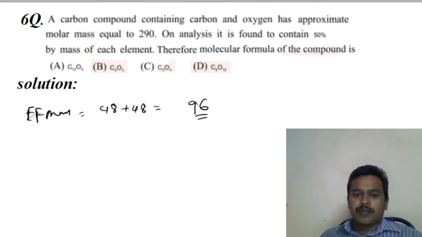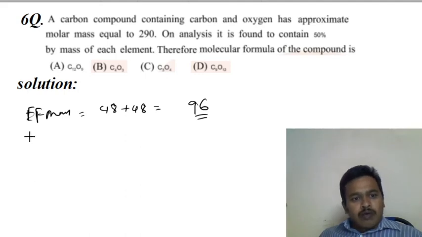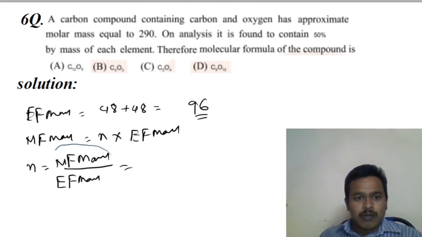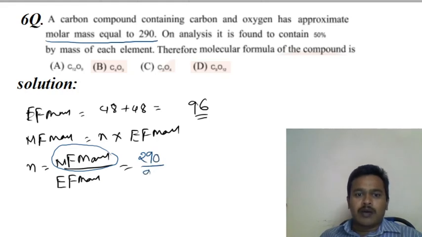But what we know is that molecular formula mass is equal to n into empirical formula mass. So n is equal to molecular formula mass by empirical formula mass. The molecular formula mass is nothing but the molar mass or molecular mass. They gave 290, by empirical formula mass 96.